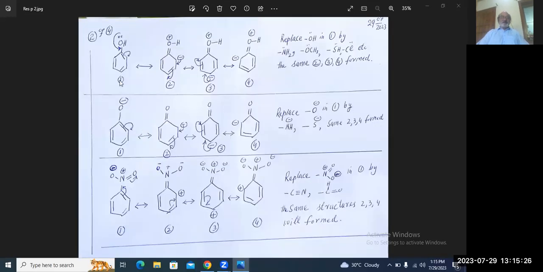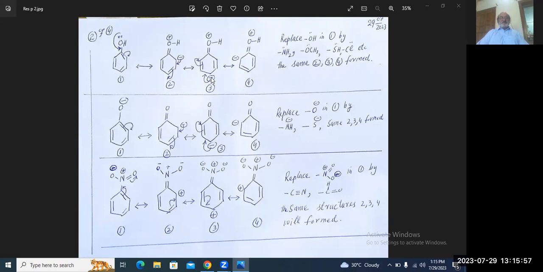So in case of phenol, here we are presenting the resonance. The lone pair of electrons at the oxygen would shift here, and these pi electrons would shift at the corner here at the ortho position, and we will get this resonating structure. Similarly, from here it would shift in between, and then correspondingly it would shift here.